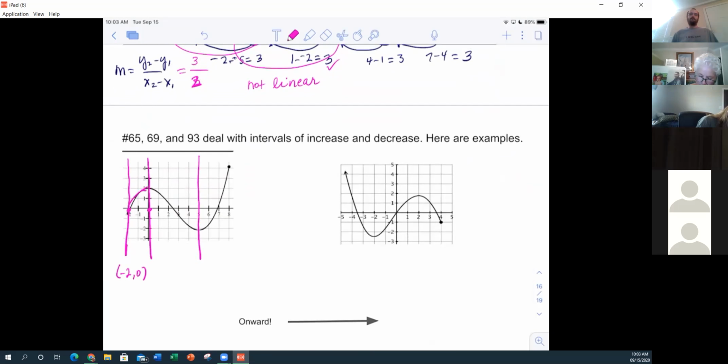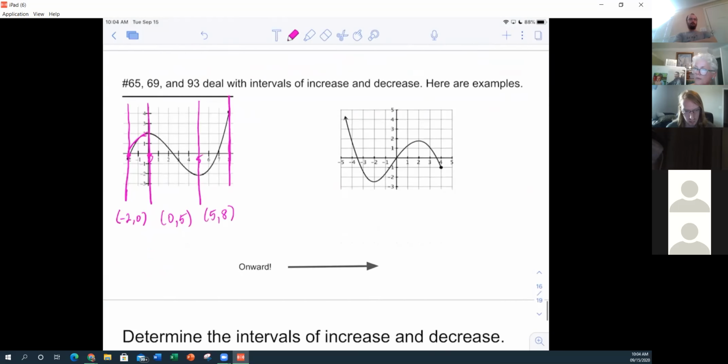And then between these 2 humps is 0 to 5. Does everyone see what I'm doing? And then from here to here would be 5 to what? Oops, I forgot. That is an endpoint. So it's 5 to 8, right? Because there's not an arrow.